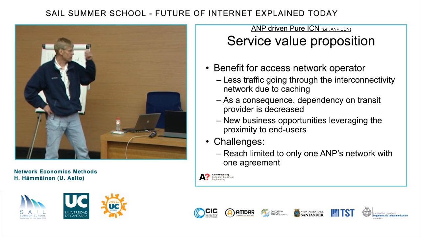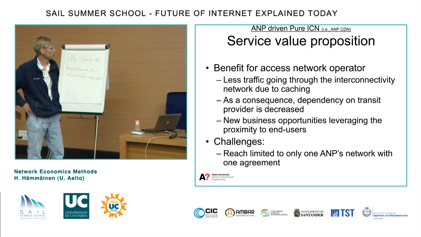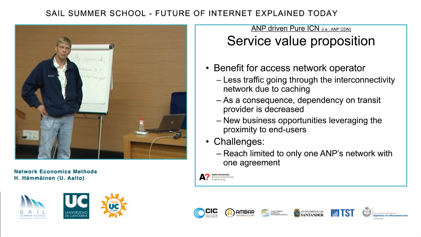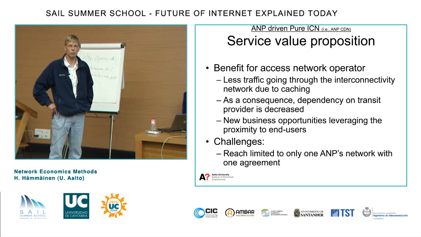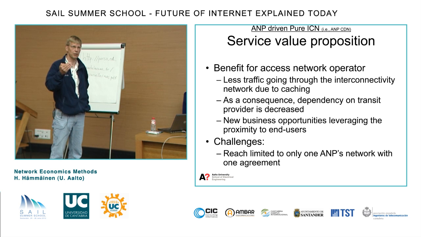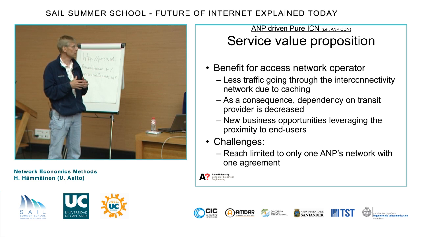And for this challenge, you have two ways to solve this problem. One is that you consider that the challenge is too big. You forget business interfaces. You don't even assume that business contracts would be done. So you focus on the technical caching, and you develop your caching architecture so that it does not assume or depend on content providers' business decisions.